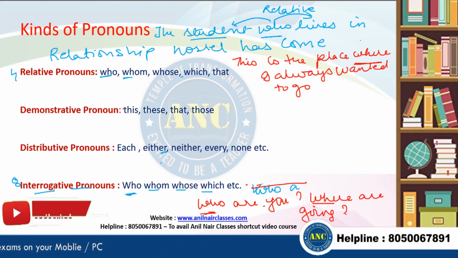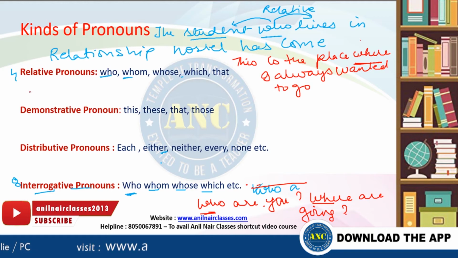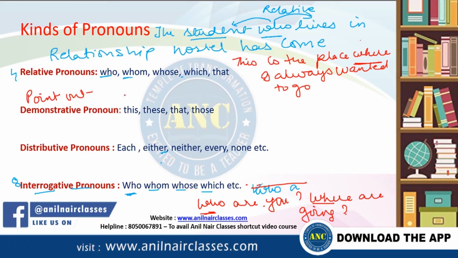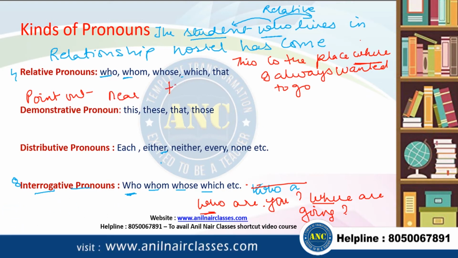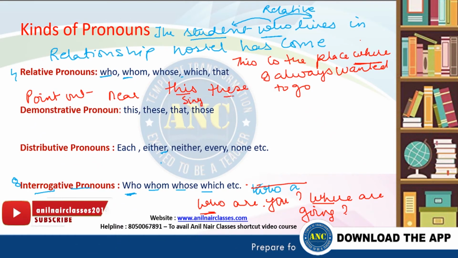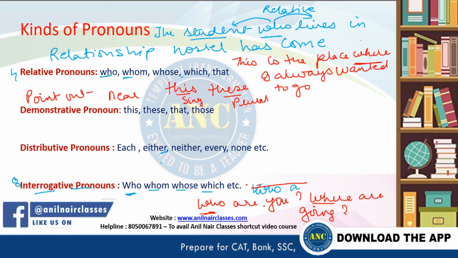Now demonstrative pronouns are the words where we can point out our finger and talk about things. When we talk about nearby things, we will use the pronouns this and these. This is used for singular, whereas these is used for plural.